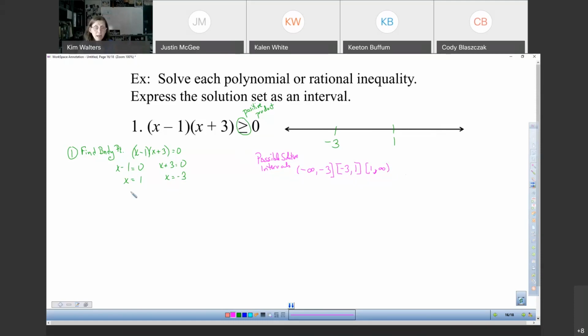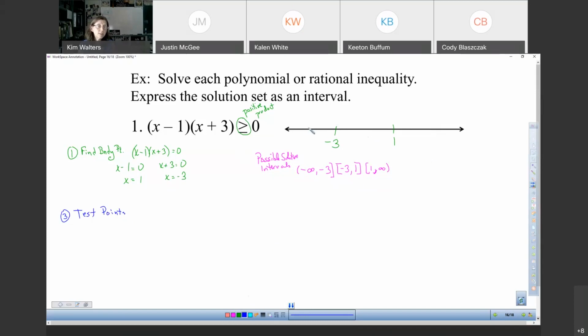So I found my boundary points. I put my boundary points on the number line. I found my possible solution intervals. The next thing I need to do is to come up with what I call test points, okay? So this was step 2, and this is going to be step 3. We're going to find our test points, and we're going to check those test points. I need a test point in each interval.